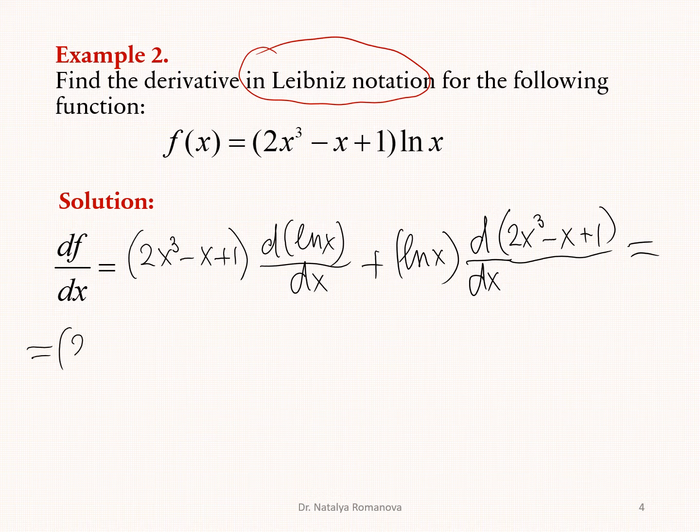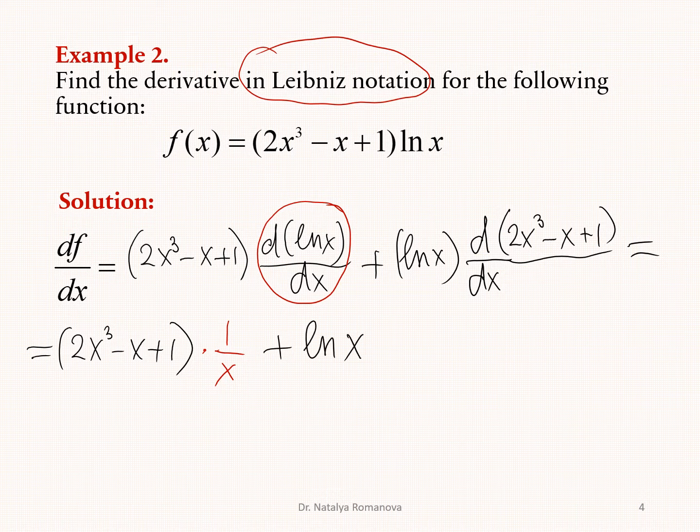We keep the first factor 2x cubed minus x plus 1. The derivative of ln x equals 1 over x, so we write times 1 over x, plus ln x times the derivative of 2x cubed minus x plus 1, which equals 6x squared minus 1.